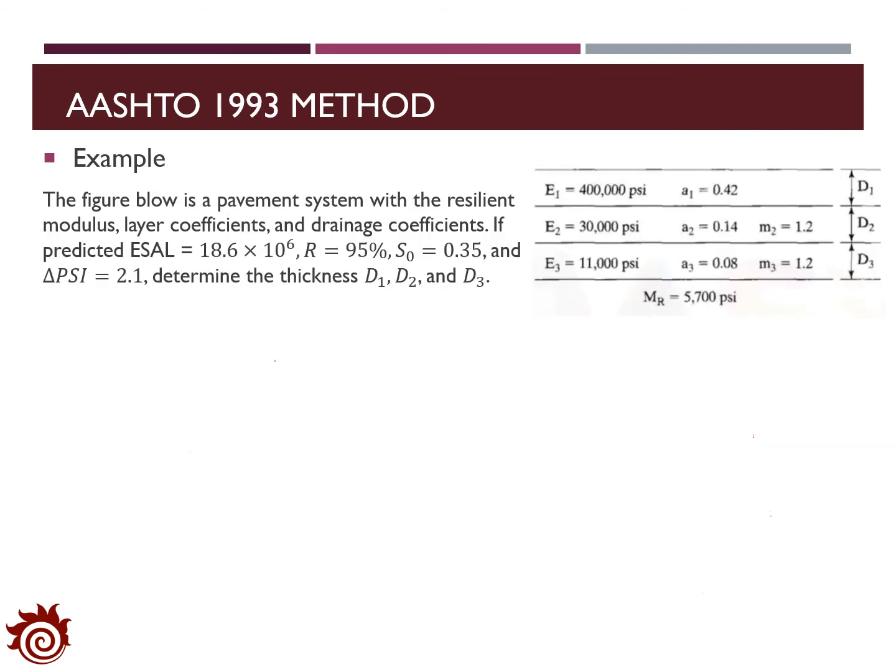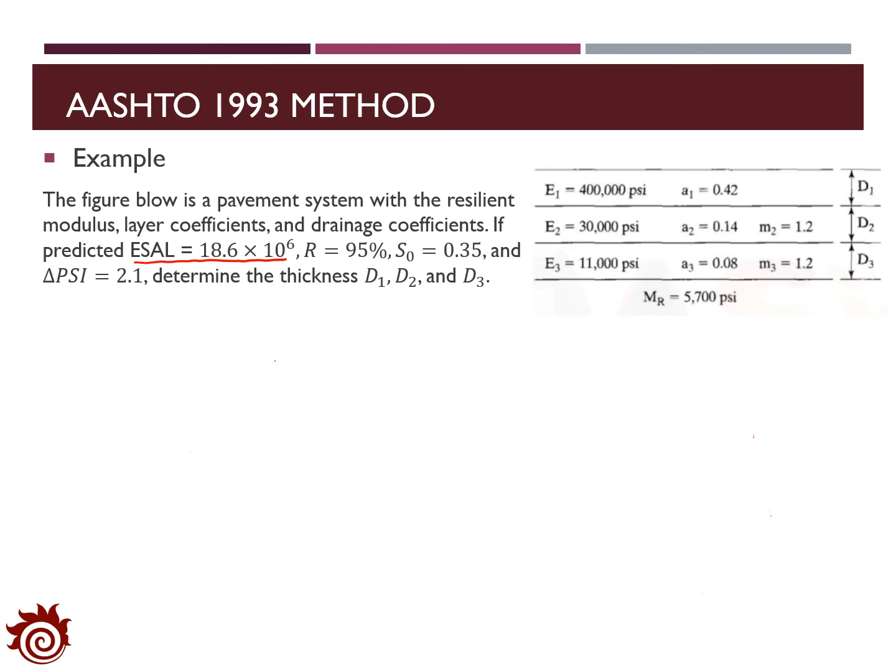Now let's check one example to see how we can use the AASHTO method for the design of the flexible pavement. In this example, we assume that there's a flexible pavement with 3 layers: surface layer, base layer, and subbase layer. The figure on the right shows the resilient modulus, layer coefficients, and the drainage coefficients for the pavement. Also, we are provided with the ESAL as 18.6 times 10 to the power of 6.